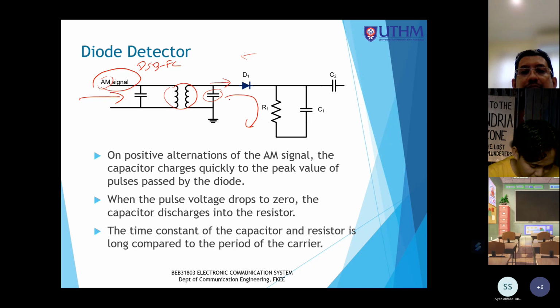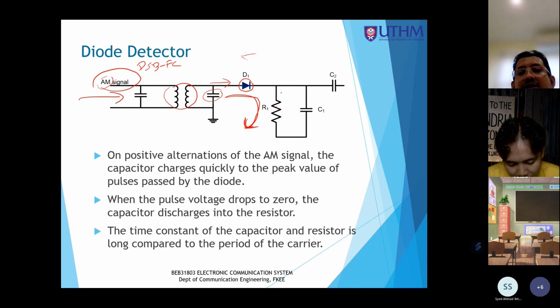So during the positive cycle, I can say that this is the positive cycle of the current, current will flow through the D1. D1 will switch on, and at the same time, this RC circuit, this is like a tank circuit, similar like LC tank circuit sebelum ini. Sebelum ni kita lihat LC tank circuit dan ini adalah RC tank circuit.